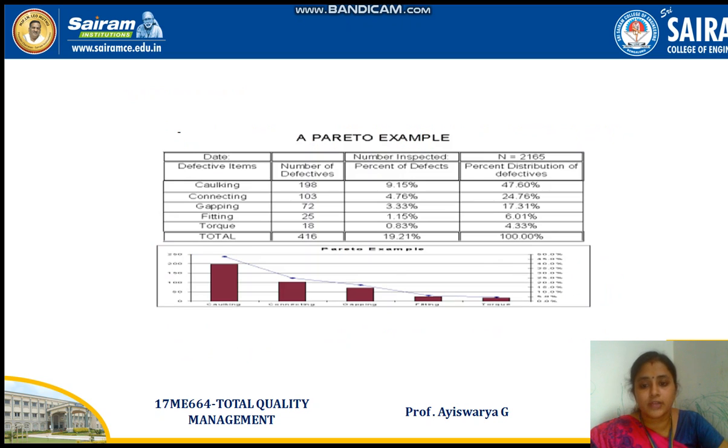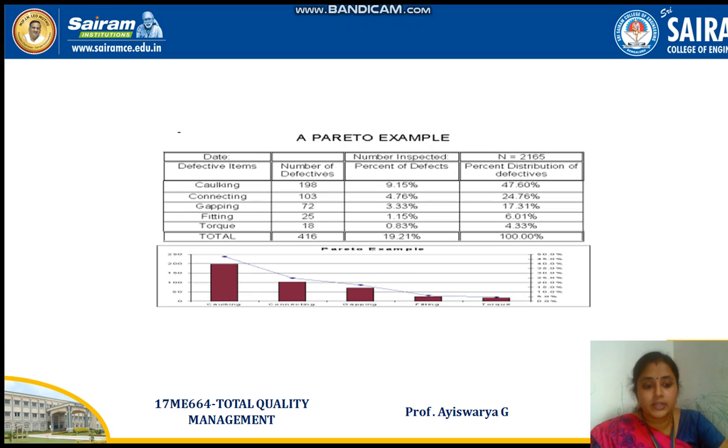So here you can see that they have taken one example. For example, they have taken defective items at one site, the number of defectives at that particular process, the number inspected, the percent of defects, and the percent distribution of defectives. They have classified with respect to that, and formed a graph, right?